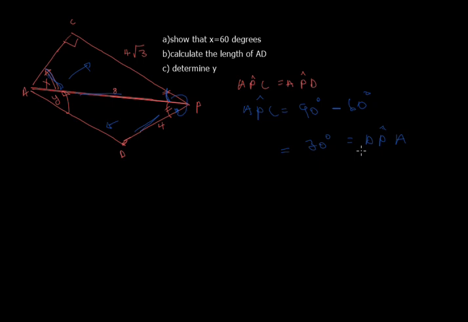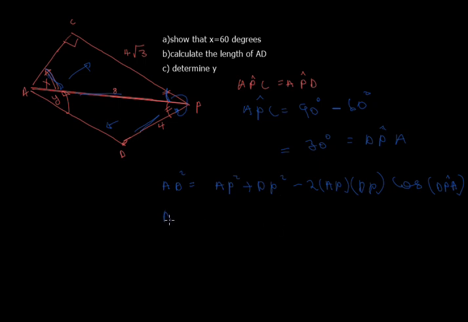So as we know DPA, we could just write our formula of cosine rule, which says AD squared equals AP squared plus DP squared minus 2 AP DP cos of DPA.